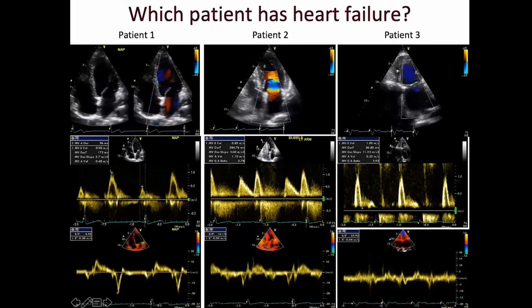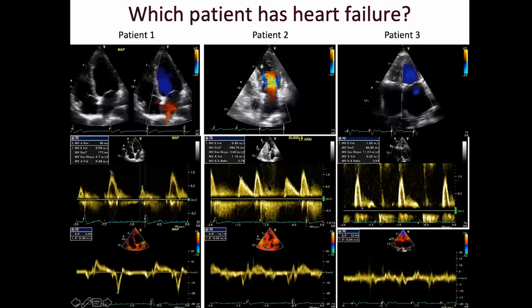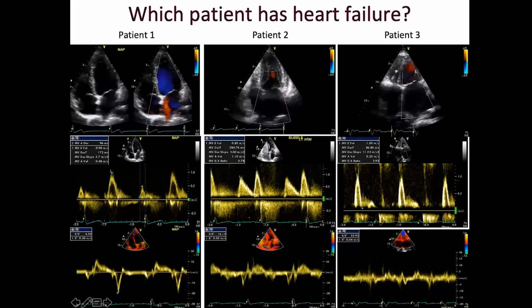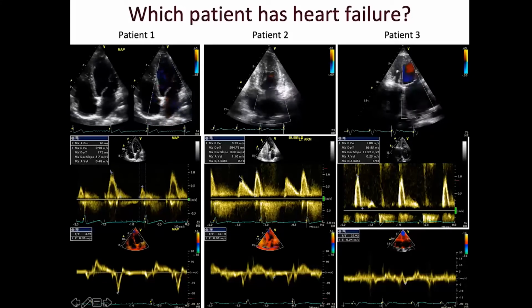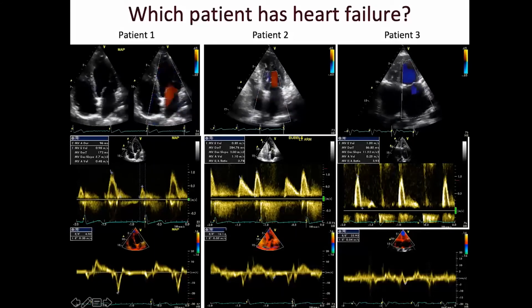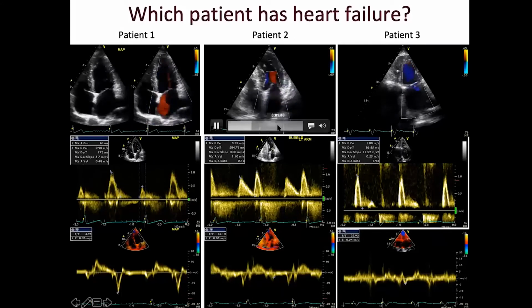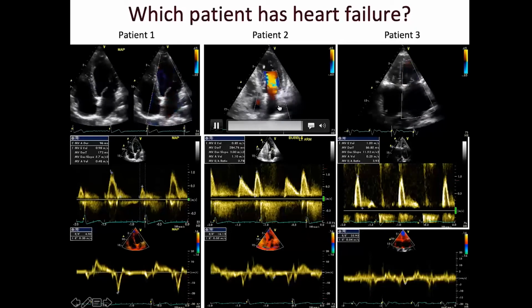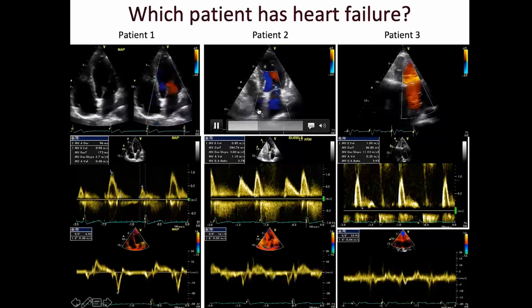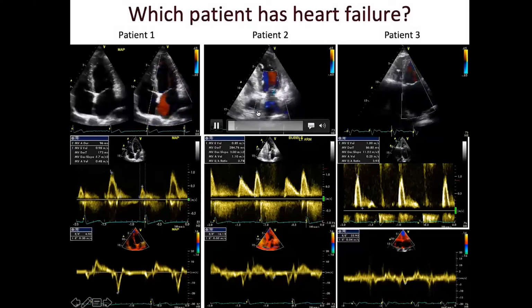This is someone who has grade 1, actually grade 2 diastolic dysfunction with the current guidelines, because, and we'll go over that in a second, the E to e prime ratio is more than 14, here it's 16. We would also look at, in the current guidelines, the TR velocity.